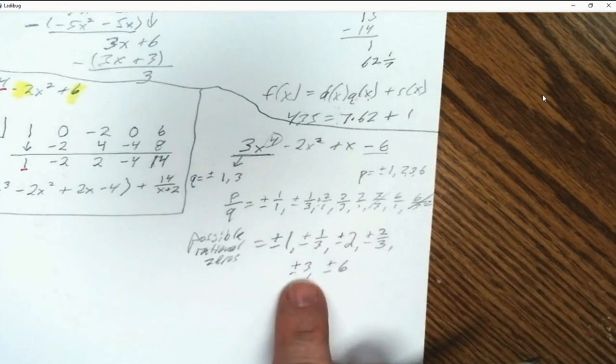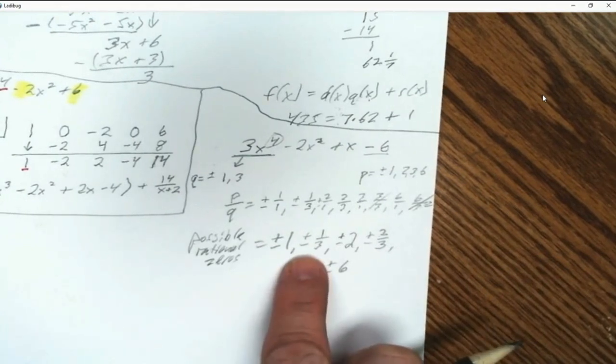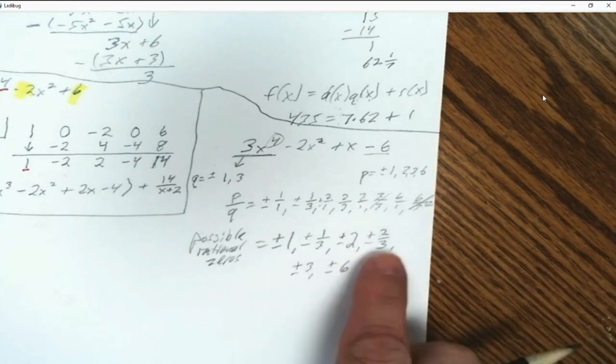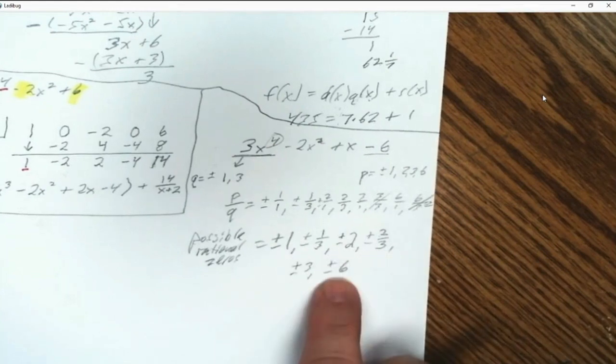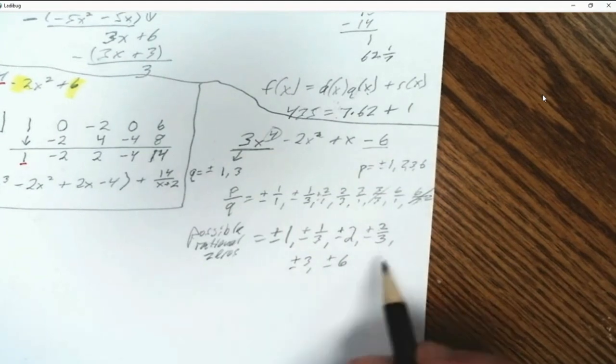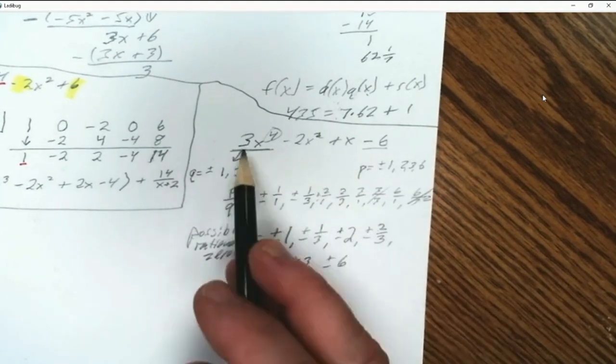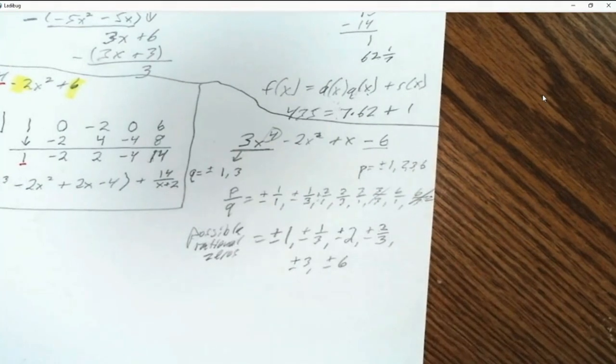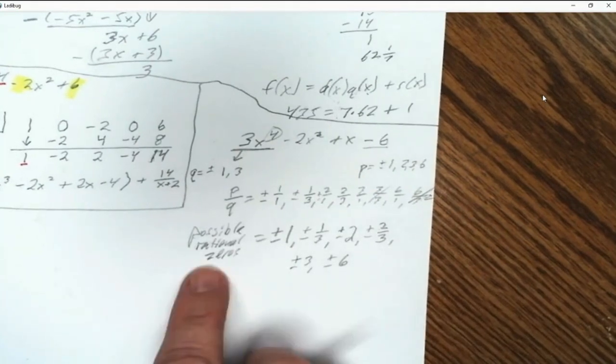So here's all the possible rational zeros: plus or minus 1, plus or minus 1/3, plus or minus 2, plus or minus 2/3, plus or minus 3, plus or minus 6. So really, there's only 12 possible numbers that we could divide into there to find out if it is a factor, if it's a rational zero. We've narrowed it down.